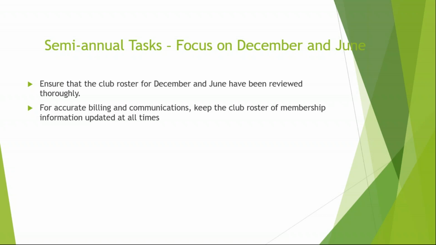That is what you will be billed for. So for accurate billing and communications, keep the club roster membership information updated at all times. That's why we ask you to do it monthly, so you're not running into problems at the end of December and the end of June.